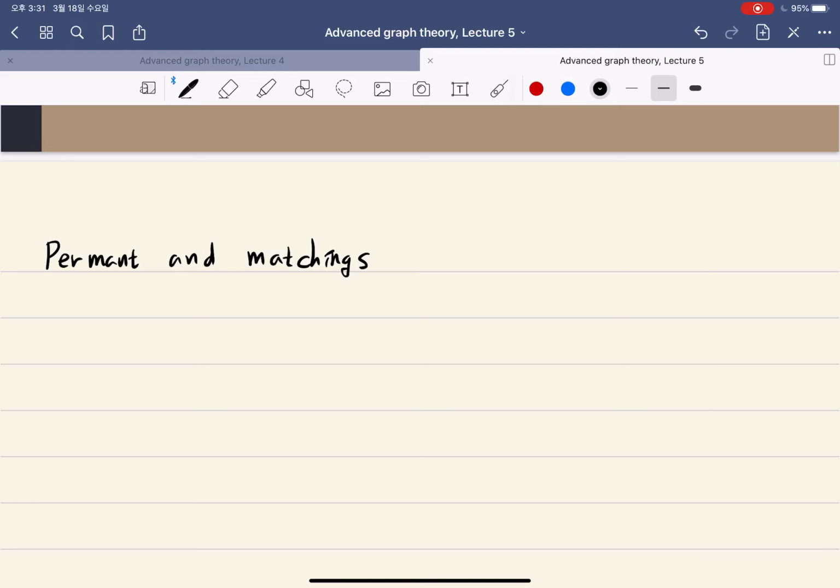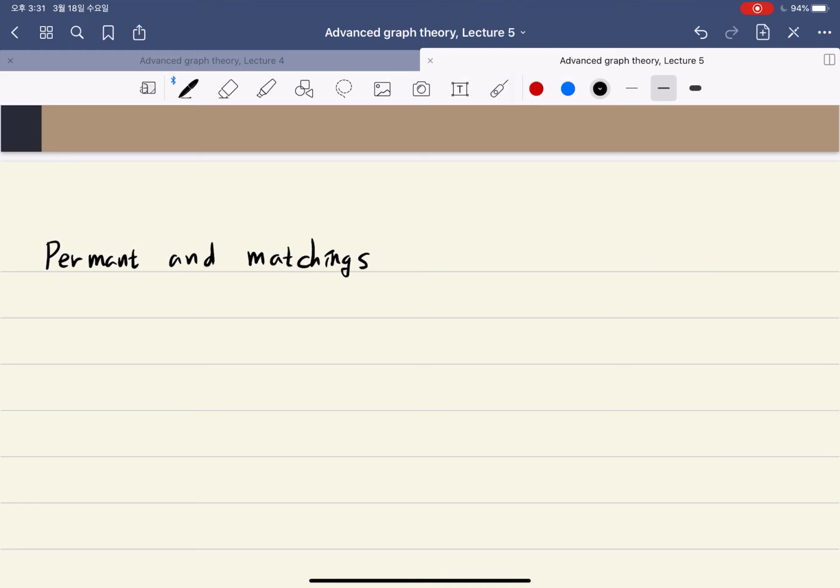So one of the ways to deal with a graph G sometimes is to consider a matrix which contains the information about graph G. Sometimes the entire graph can be viewed as a matrix in some way. One way is to consider the adjacency matrix, which we learned in undergraduate graph theory.